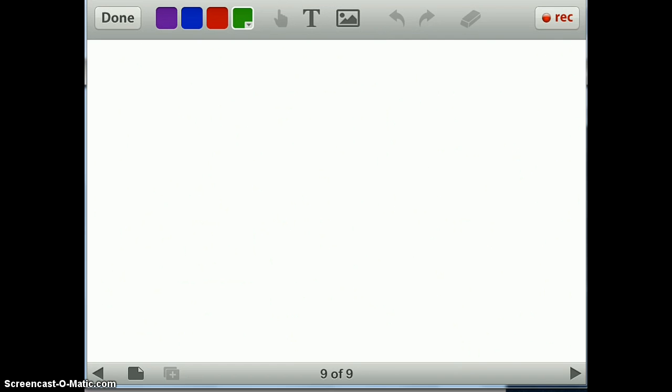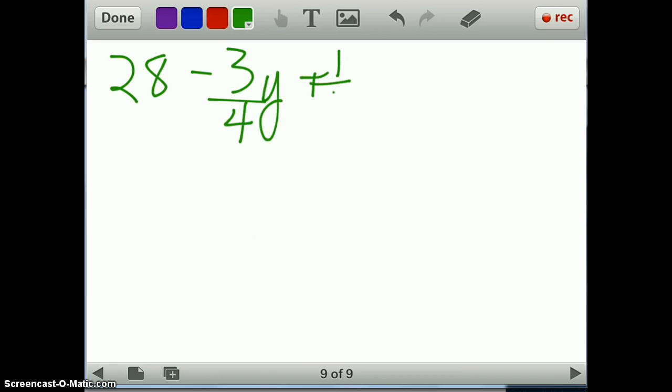How about 27? 27 has a decimal. So on that one, I'm going to say just use your calculator. You should be able to figure that out. 28. 28 says negative 3/4 y plus 1/4 equals 1/2.